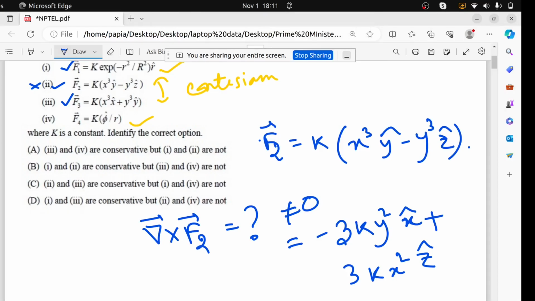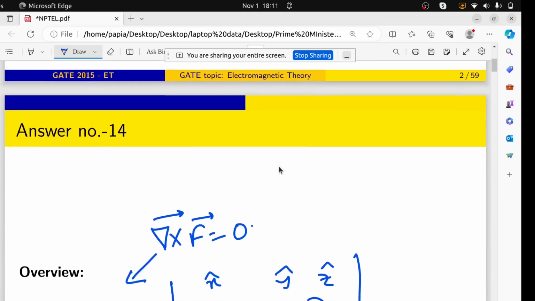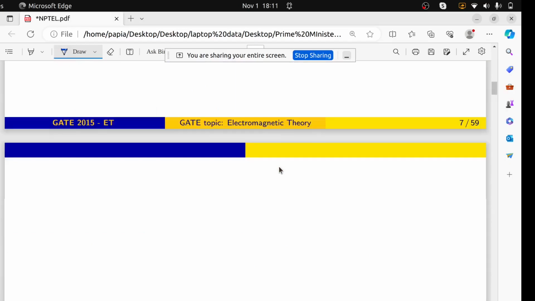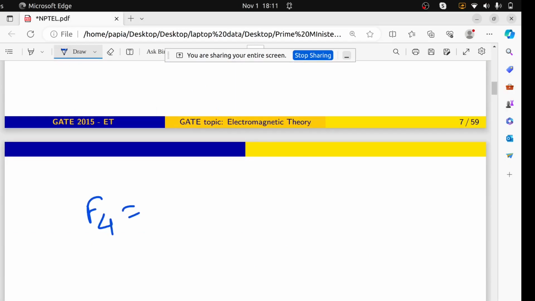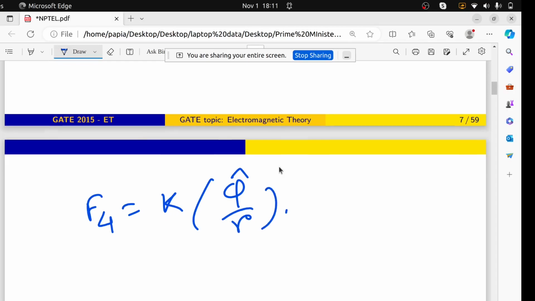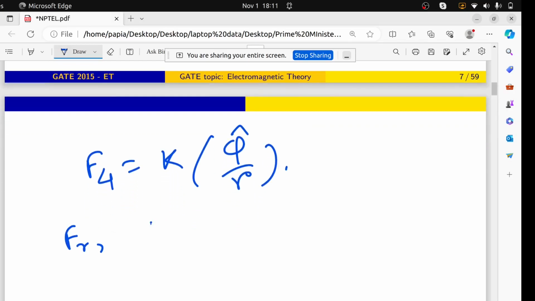Now C is conservative. Yes, good. x cube x cap plus y cube y cap, that should be conservative. Okay. Now coming to the fourth one. Is the fourth one conservative or not? See here what is there. Okay, I am just going to write here only that part. F4 is k into phi cap divided by r. So what will be the value of Fr, F theta, F phi?